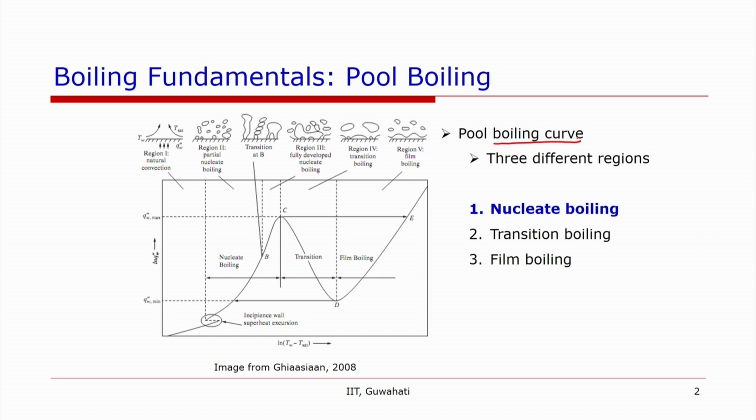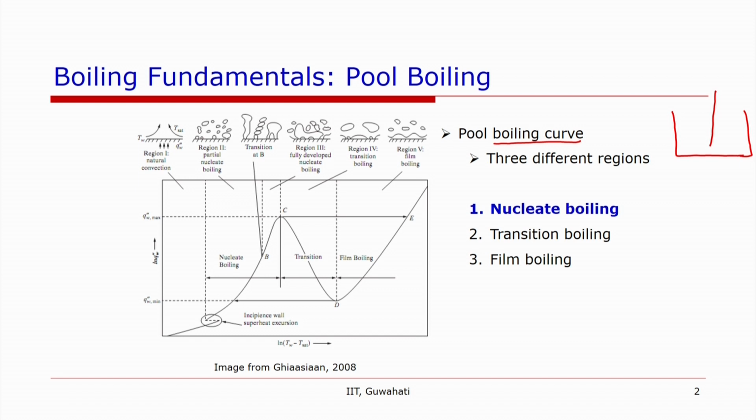The experiments generally involve a heated wire inserted in a pool of liquid, and then either the heat flux is maintained constant and the wall temperature, or the superheat temperature, is measured, or the wall temperature is increased slowly and the wall heat flux is measured. One of those can be done.